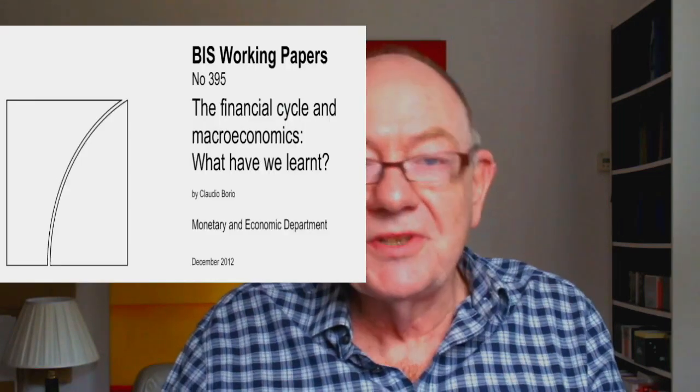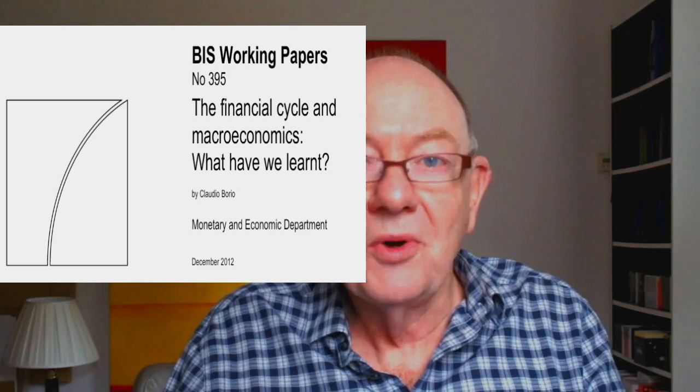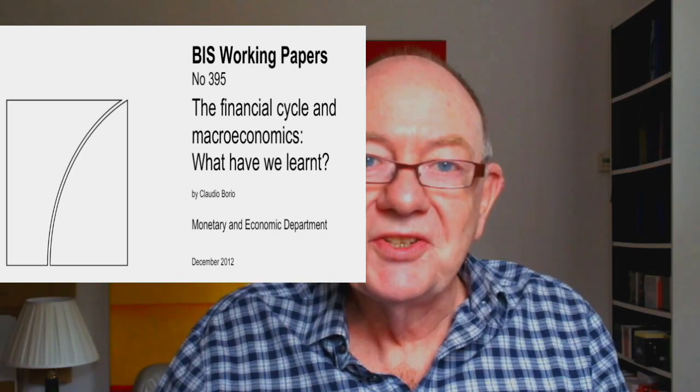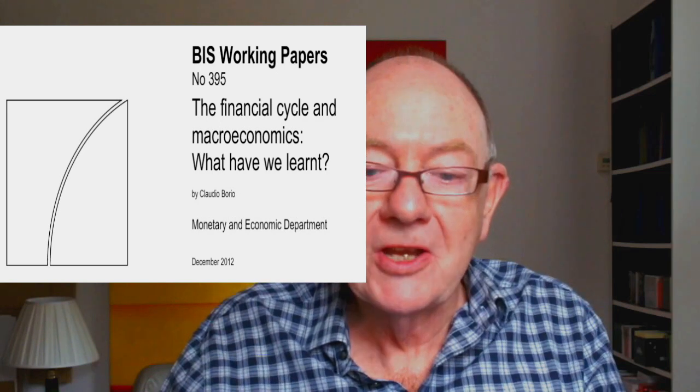And finally, for a further point of view, let's look at a working paper from the Bank for International Settlements. And this one's called "The Financial Cycle and Macroeconomics, What Have We Learnt?" The paper suggests some essential features for a macroeconomic model.